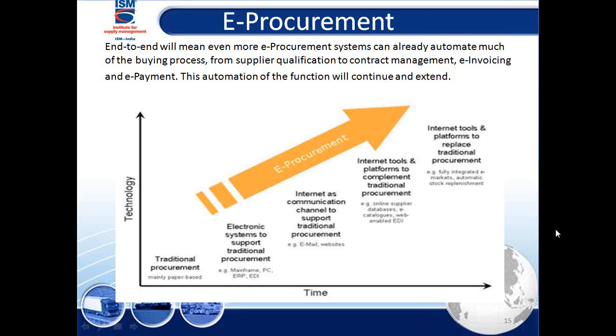The word E has been there, whether by email, by EDI, or ERP, enterprise resource planning. But the real term E-procurement came up in the 90s after the internet came into the market.